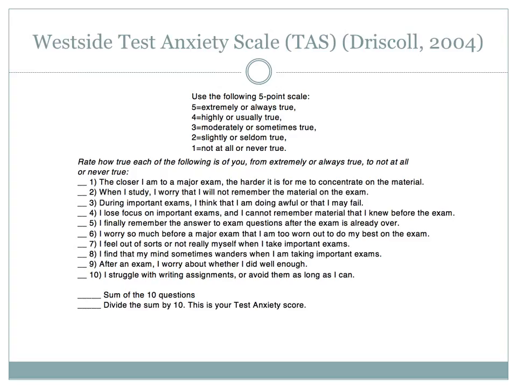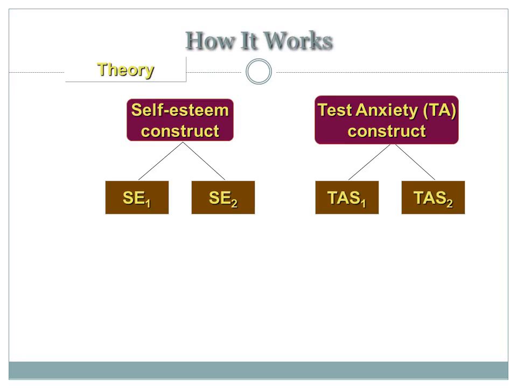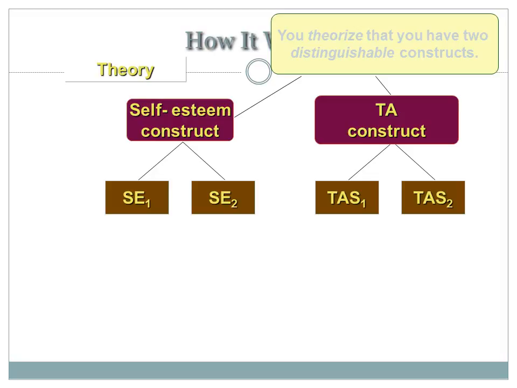If you recall, earlier we were talking about a 10-item measure of test anxiety called the West Side Test Anxiety Scale. So if we look at, let's say, 2 items from this, we would argue that the 2 items for test anxiety, TAS1 and TAS2, should not converge with, let's say, 2 items of the self-esteem construct, SE1 and SE2, right? That would suggest that we have discriminant validity.